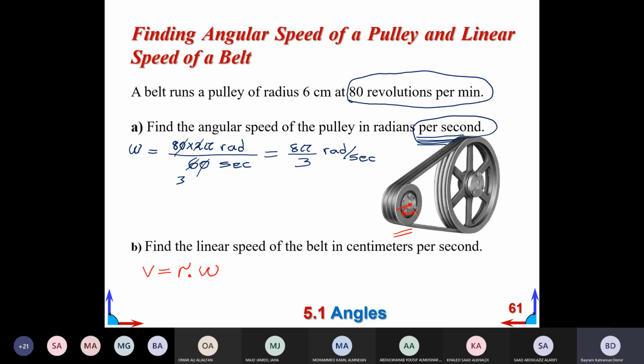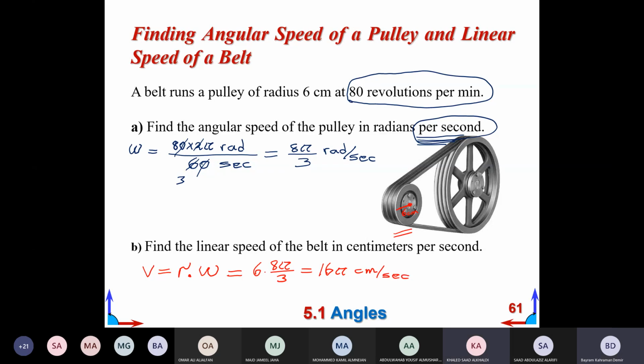R is 6 centimeters and omega is 8 pi over 3 radian per second. So it will give you, Shabab, 16 times pi centimeters per second.